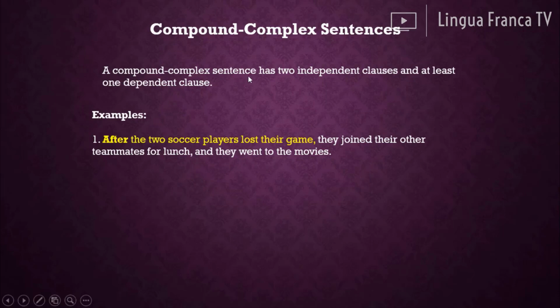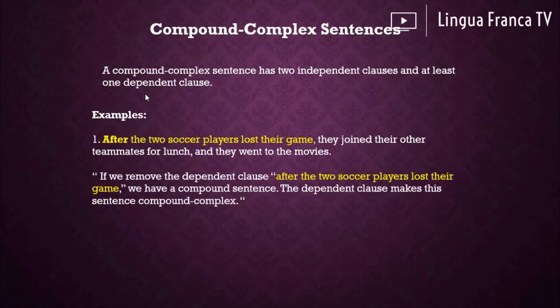So a compound complex sentence has one or more independent clauses and at least one or two dependent clauses, right? So here we go with the second note which we need to remember. As you can see, if we remove the dependent clause, after the two soccer players lost their game, from the sentence, we are left with a compound sentence.